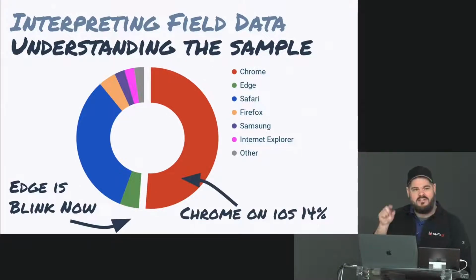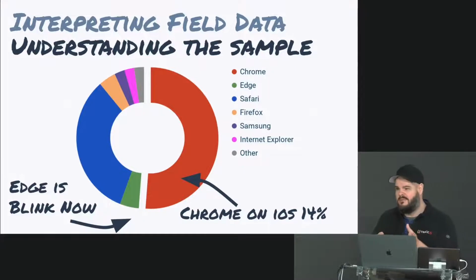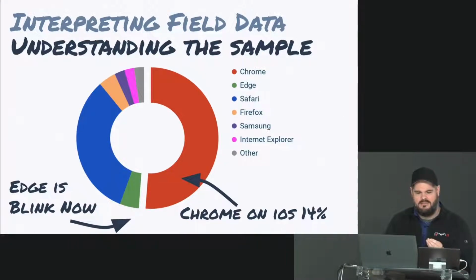Unfortunately, 14% of that Chrome section says it's Chrome, but it's Chrome on your iPhone, which isn't really Chrome. It's a Chrome wrapper around the Safari engine. And so it does not report Web Vitals because it doesn't have the API to do it. So the data here is going to be skewed. It's going to be biased.